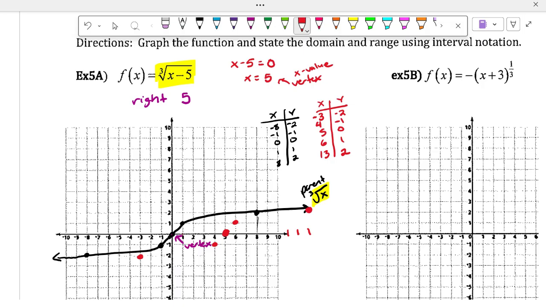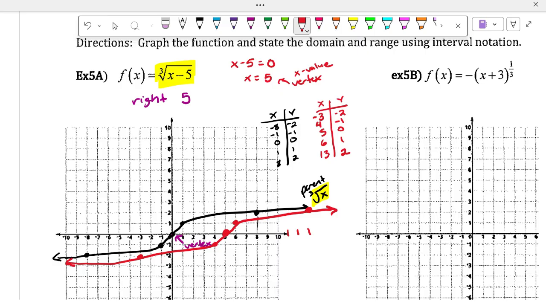I just figured out which values would give me negative 1 under the radical if I plug in a value for x and subtract 5 from it, and then what would give me negative 8 under the radical. So in other words, I'm finding things that would give me perfect cubes under the radical, because that's what you want to graph. You don't want to graph those funky irrational numbers. So whenever you're graphing a radical graph by hand, always shoot for trying to find perfect cubes under the radical.